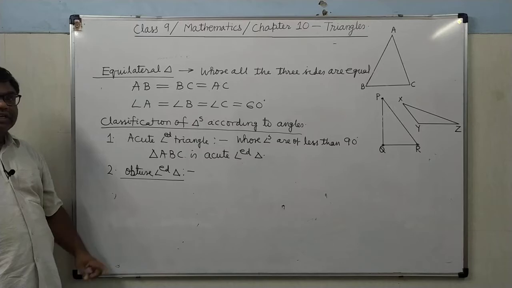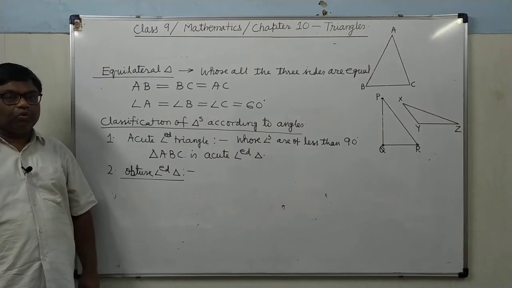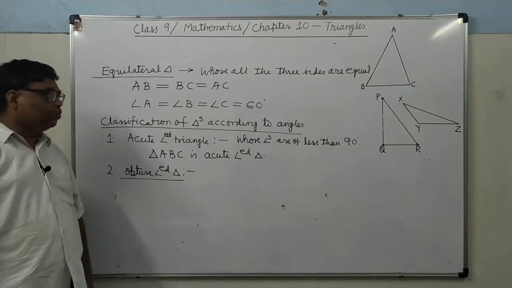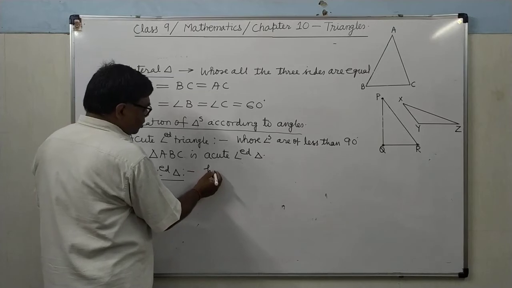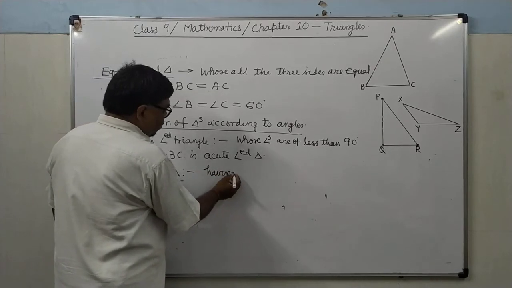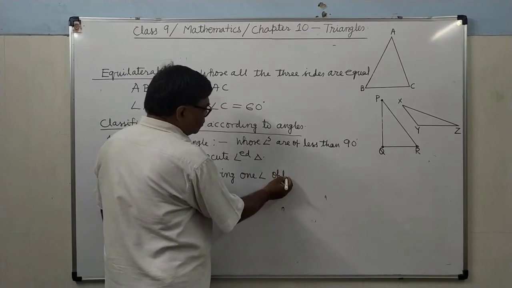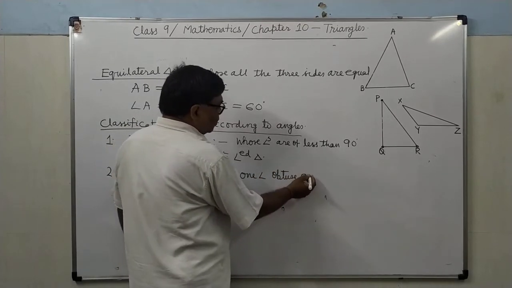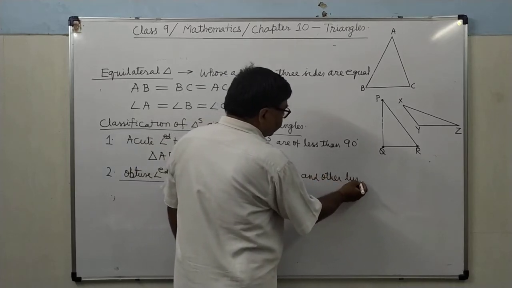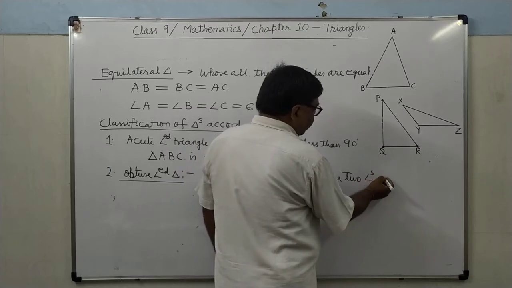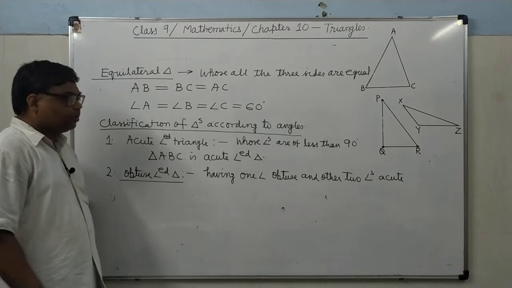So a triangle having one angle obtuse and remaining two acute is known as obtuse angle triangle.